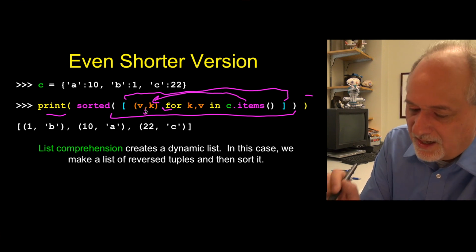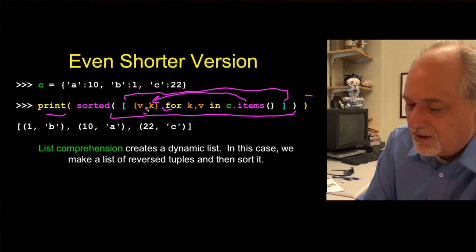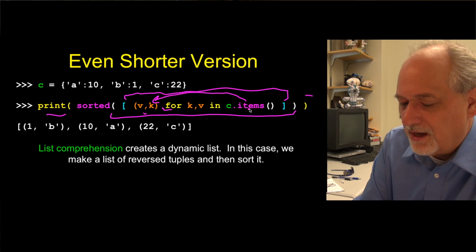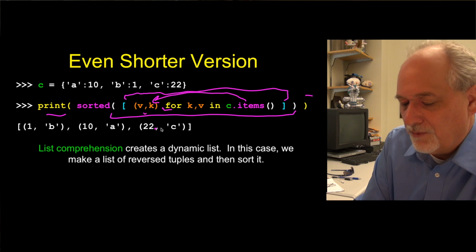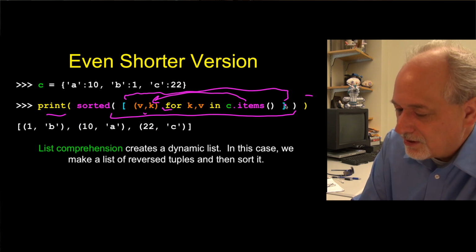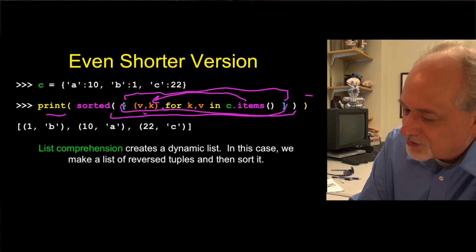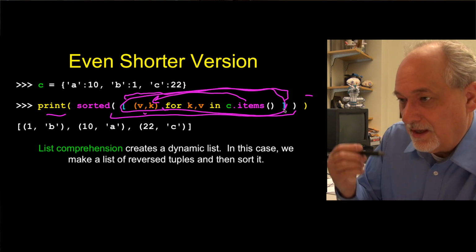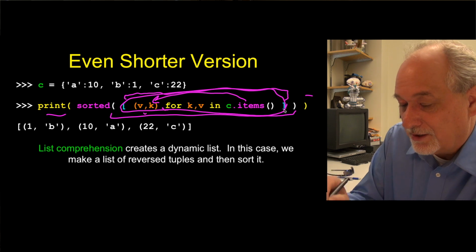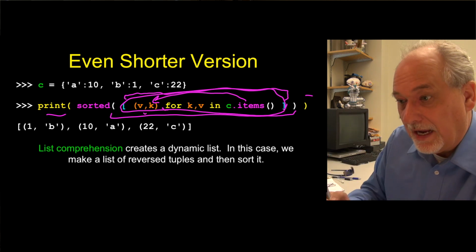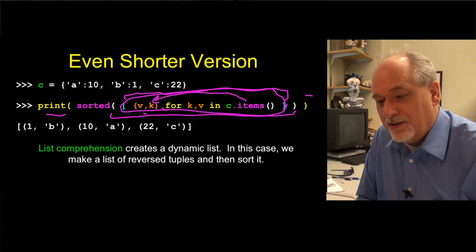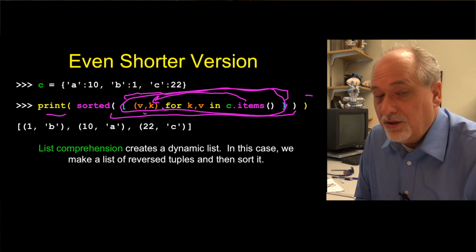Think of this as like stamp, stamp, stamp, stamp, stamp. However many times it has to make a stamp, and so that's producing a list, right? It just manufactures this list. And then that list is sort of manufactured in the moment. There's no stop, it's not put in a variable. Python makes that list according to the stamping pattern that you've told it to stamp out, and then it passes that stamped out list without even storing it in a variable into sorted.